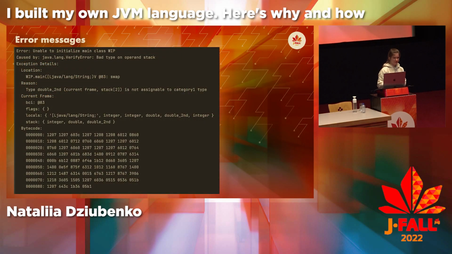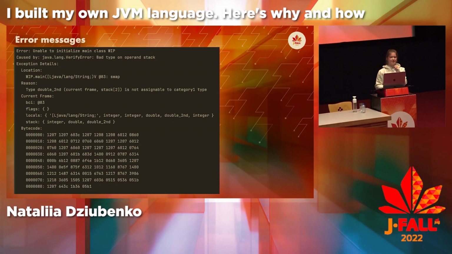Error messages. So there are actually 2 levels of error messages when I was trying to generate the bytecode. One is when whatever you generate makes no sense at all. Then it will give you something like this. It will give you a very nice descriptive error message, which is really nice because you can see exactly which line, which number of operation it failed on.